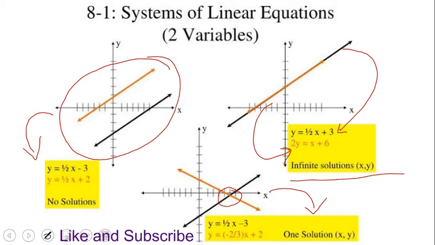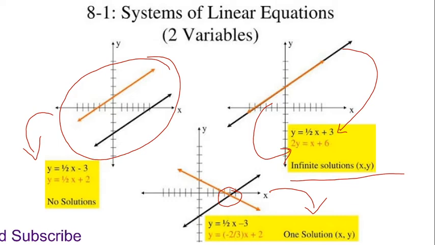So let us discuss what is there in the syllabus. That is, as I told you, the solution of a system of linear equations using the elimination method. So let us begin with the first example.